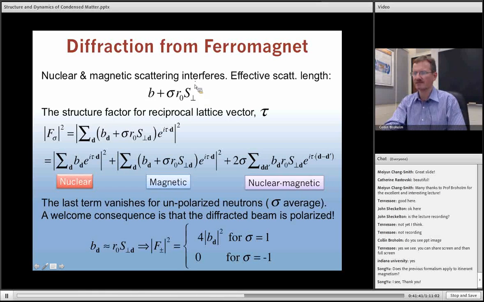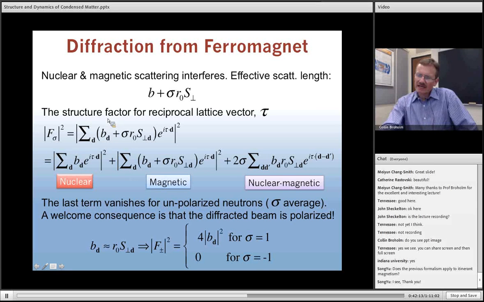We had an expression like that showing up. In my diffraction cross section, here the formalism is a little bit loose, I will admit, but in the diffraction cross section, we're going to be looking at essentially a Fourier transform of this scattering length, which has now a nuclear and a magnetic part, over a unit cell. That will be my structure factor. And so this type of expression will show up in my scattering cross section.